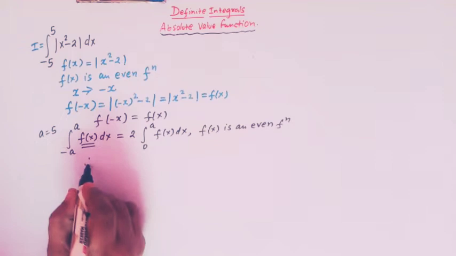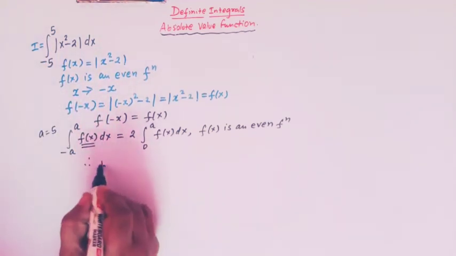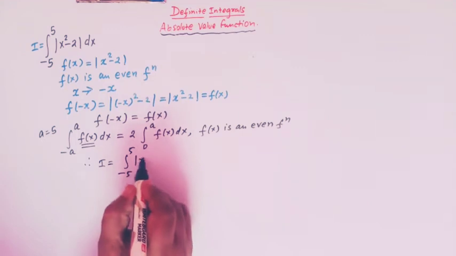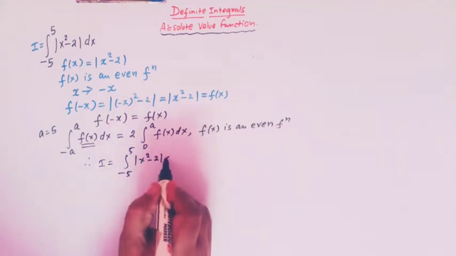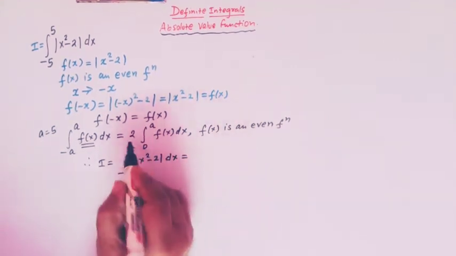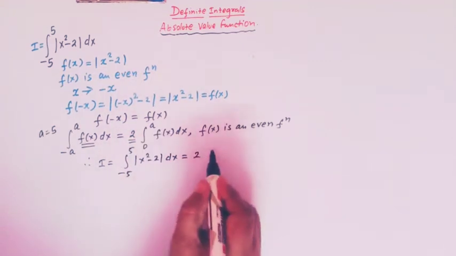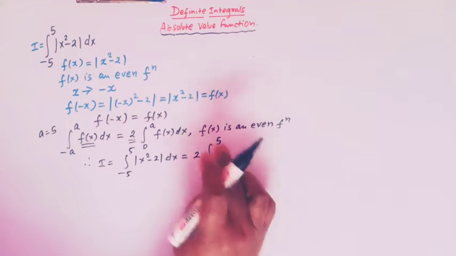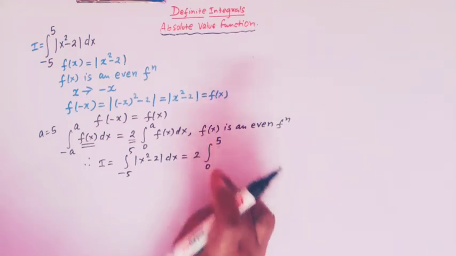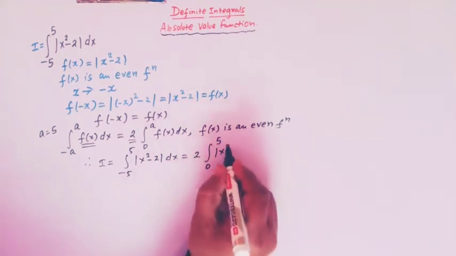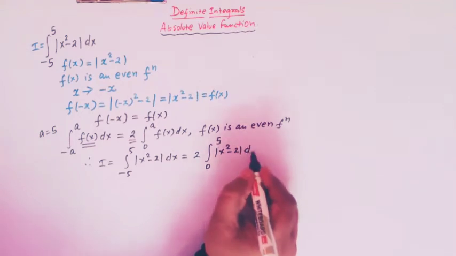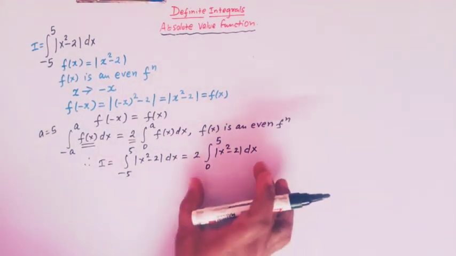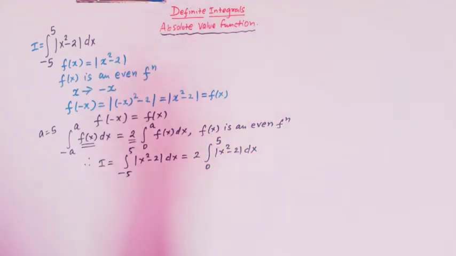Therefore this integral I, which is the integral from minus 5 to 5 of mod of x square minus 2 dx, is now equal to 2 times the integral from 0 to 5 of our function mod of x square minus 2 dx. Now our aim is to evaluate this integral.